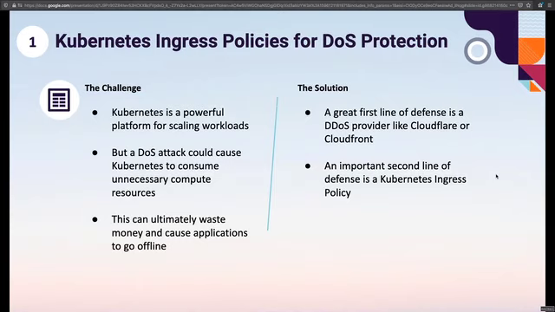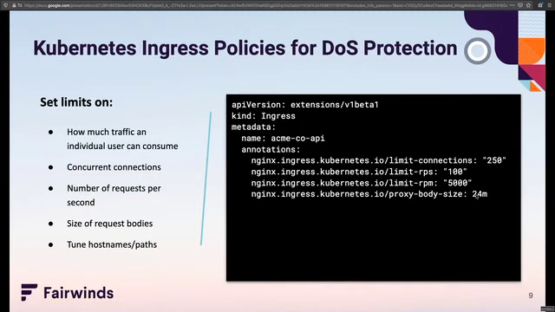And there's a great first line of defense with denial of service providers like Cloudflare and CloudFront. But a really good second line of defense is ensuring that your Kubernetes ingress policy is configured to help mitigate some of these same risks. And I'm going to turn it over to Robert, my colleague here, to talk through some technical examples of how you can configure your Kubernetes ingress policy.